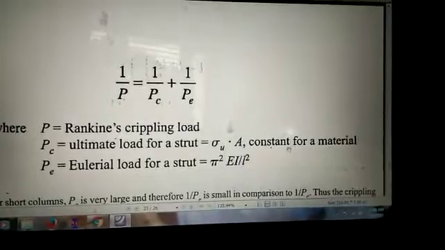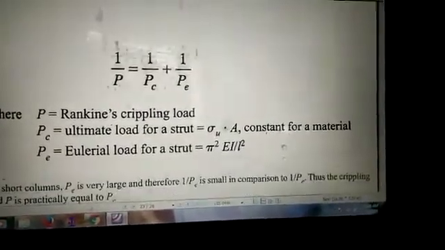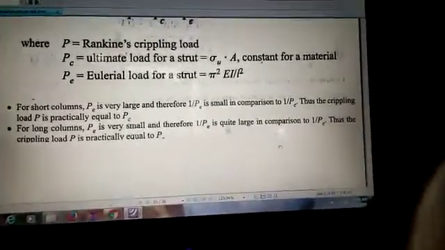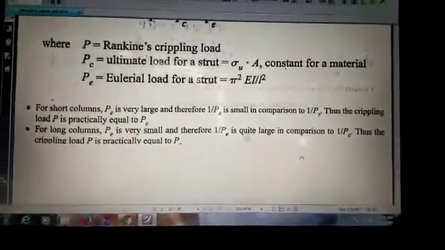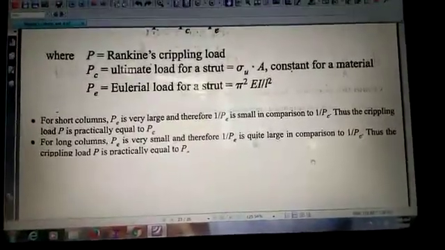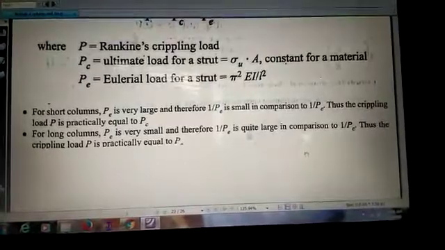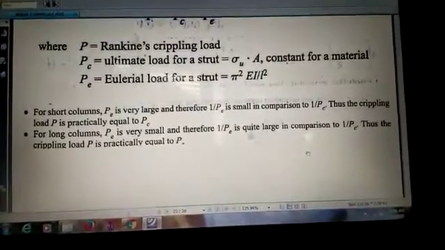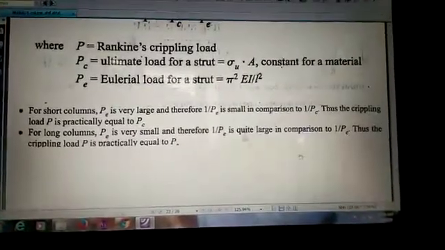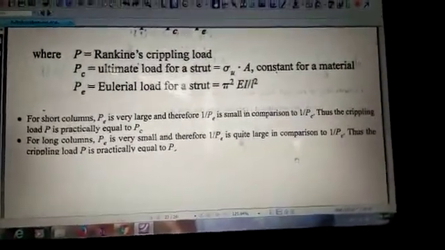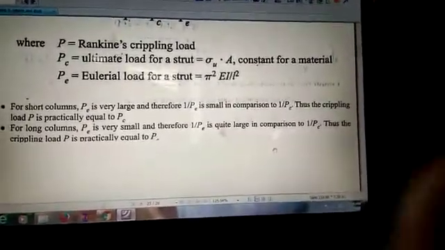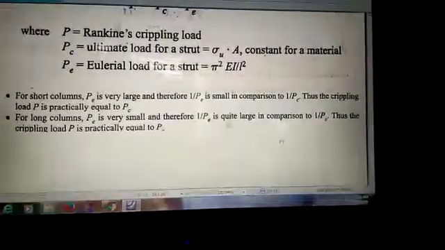For a short column, PE is very large, which means the value of Euler's load is very large. Therefore, 1 by PE is small in comparison to 1 by PC. Thus, the crippling load P is practically equal to PC.